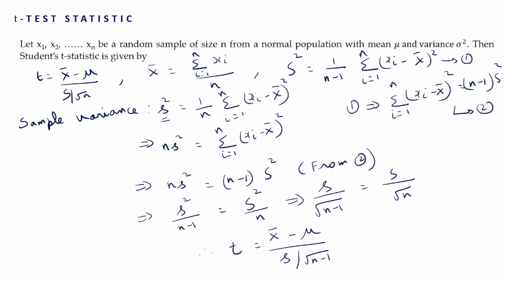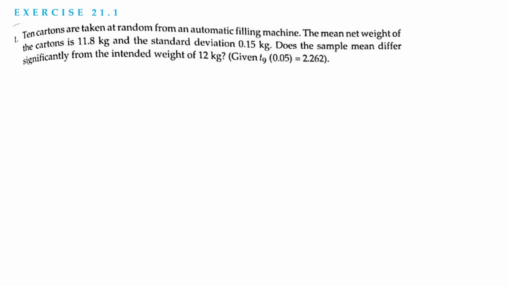Now moving on to the problems. A small recap of the steps that should be followed. The first step is writing the hypothesis, null hypothesis and alternative hypothesis. Then the second step is calculating the t value. Then the third step is comparing the calculated value with the table value.